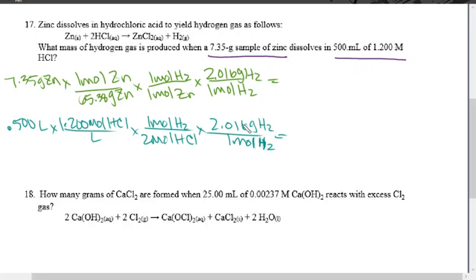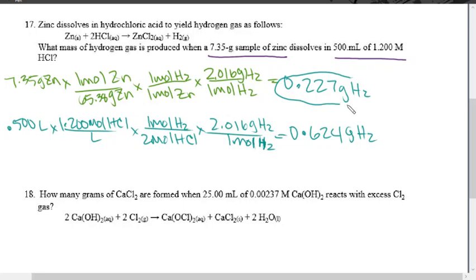Okay. So when you do the math, here you get 0.624, and here you get 0.227 grams of H2. So you want to choose the one with the smaller number, which is that bad boy right there.